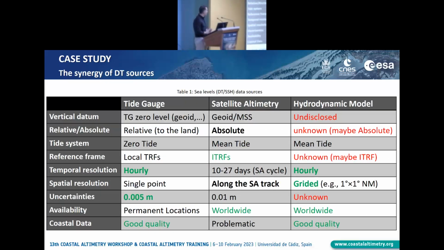So what I want to point out here is that the model can provide high resolution, both spatial and timely, although it's not referred to a realistic reference, but it can be corrected by the tide gauge data, which are accurate, and then the satellite can be validated.